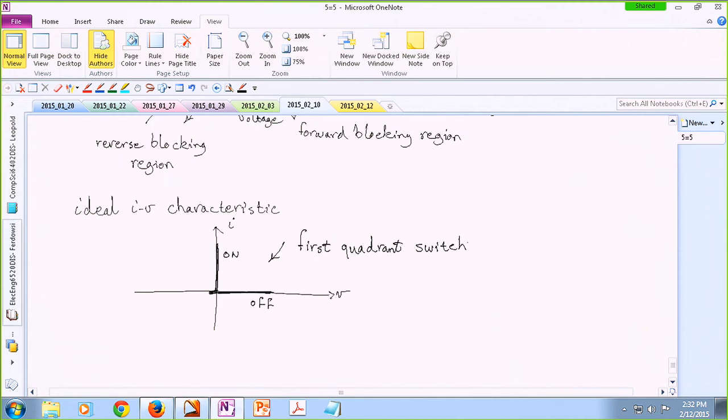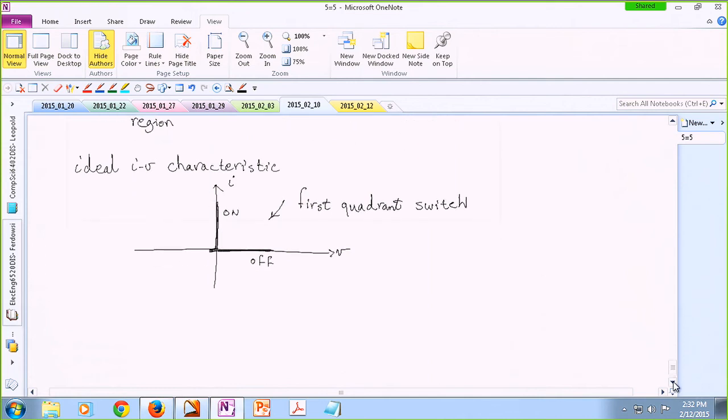Okay. So most of you guys know already, I just mentioned it a few minutes ago. But if you're curious about how we switch from the on state to off state, basically that is dependent on the voltage applied to the gate of this device.